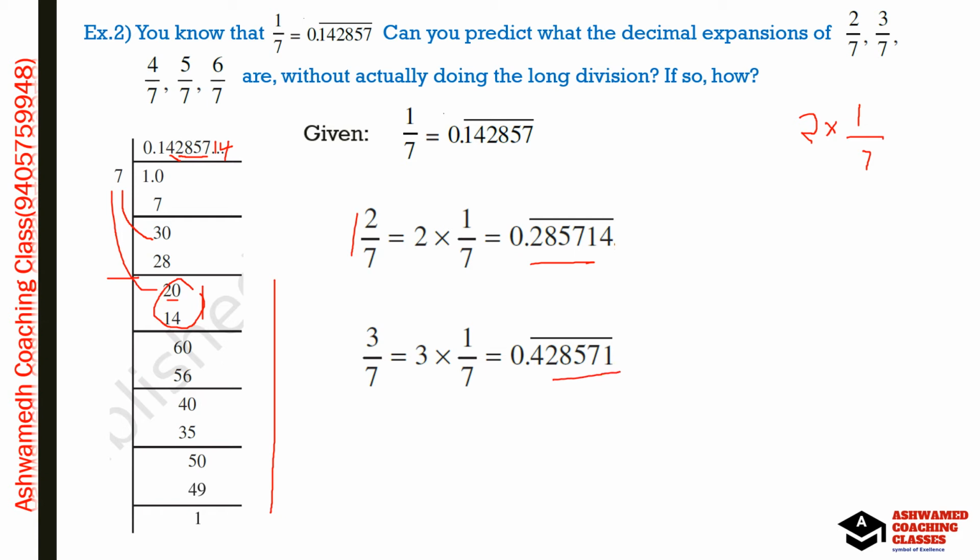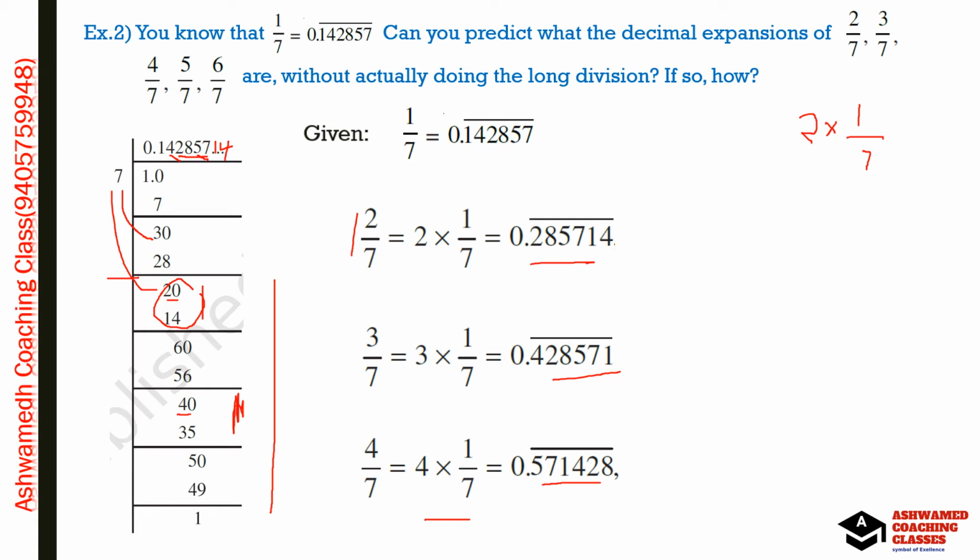Like this, if you see 4 by 7, 4 into 1 by 7, our expansion starts from 4 divided by 7, then 35, so the quotient starts from 57. So this is 571428, first 57 and then the other numbers after that.